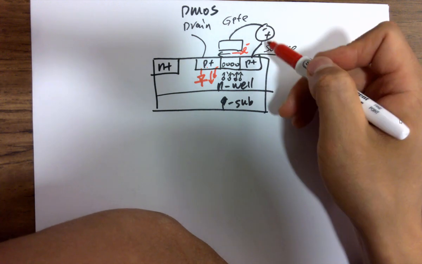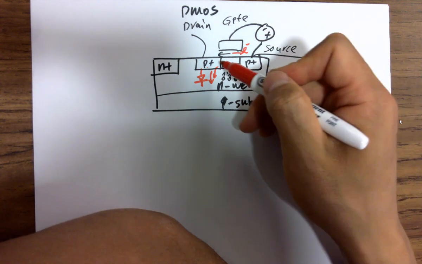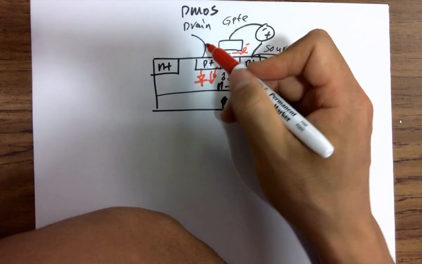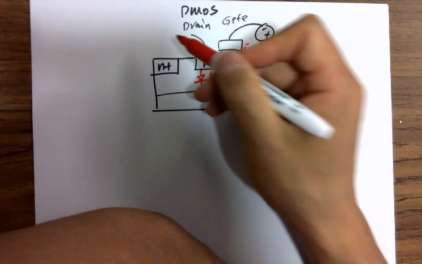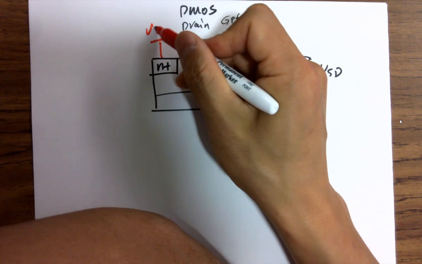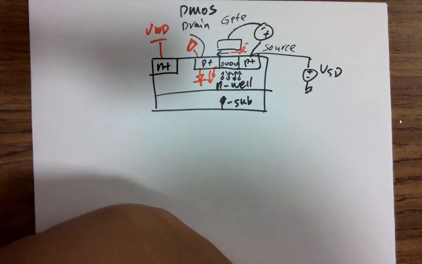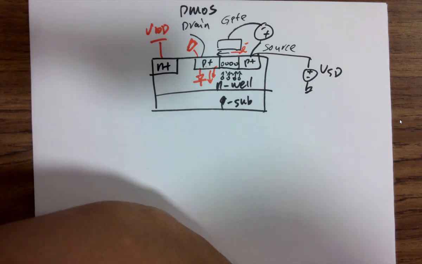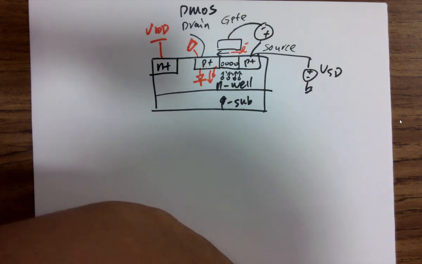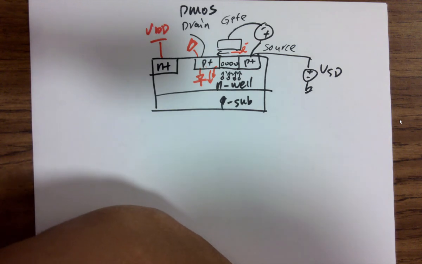This one is a little bit different, but for the PMOS the current goes this way, and here's a higher voltage, and usually you just ground here so current finds a place to go, and you tie this to VDD. Which is being tied to VDD? N well. In our design, we don't have exceptions. We always tie N well to VDD and P well or P sub to ground.